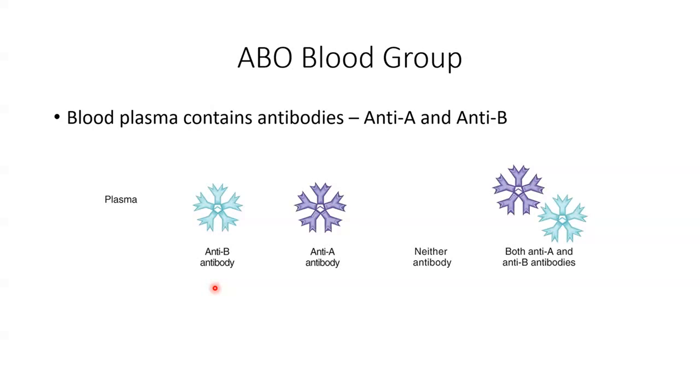When the antigen and the antibodies combine or bind, they then activate an immune response, which can cause the rupture of our red blood cells.